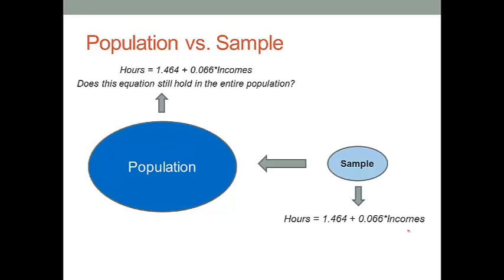Now we build a relationship based on a sample. The next question is, how can you convince Joe that the relationship from a sample also applies to the population? How can you convince him? This is a very good question, right?